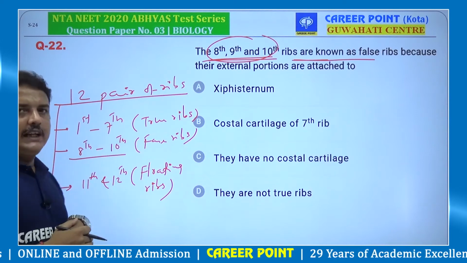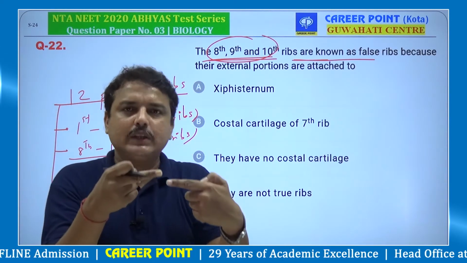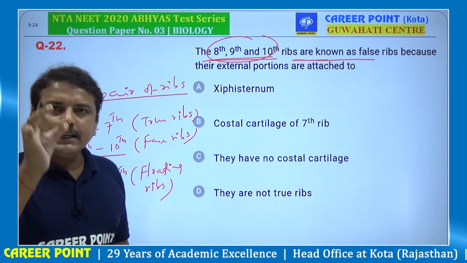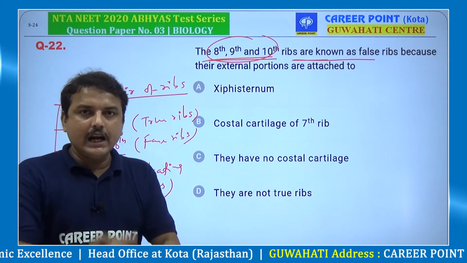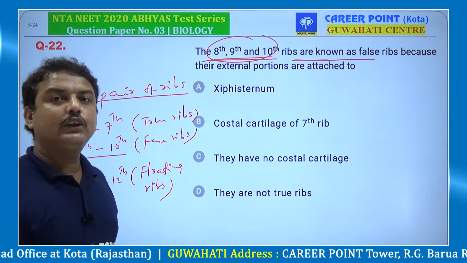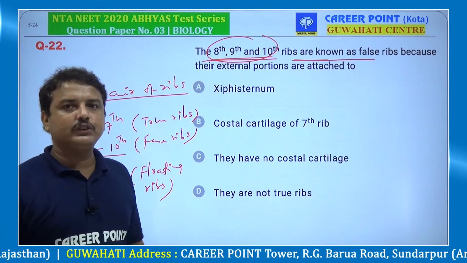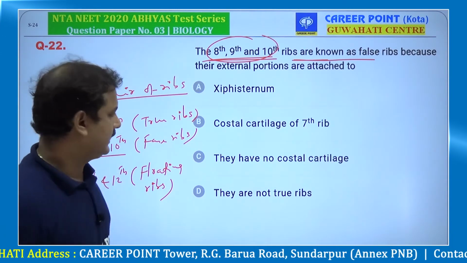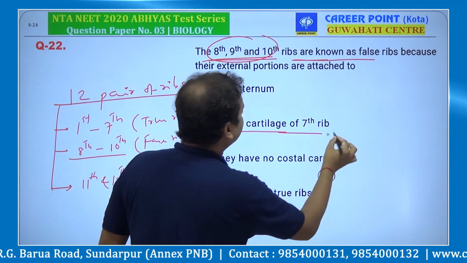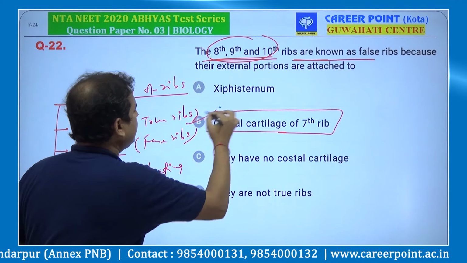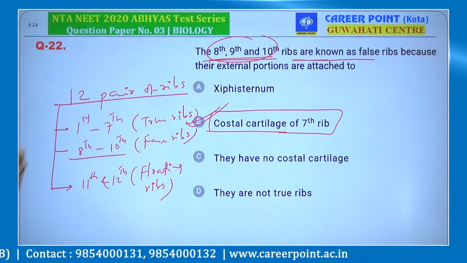Up to 7 pairs of ribs are directly connected to the sternum, but the 8th, 9th and 10th pairs are not. Instead, they are connected to the 7th pair of ribs by costal cartilage. So here the costal cartilage of the 7th rib they attach to. So the answer here is B. B is the correct answer.